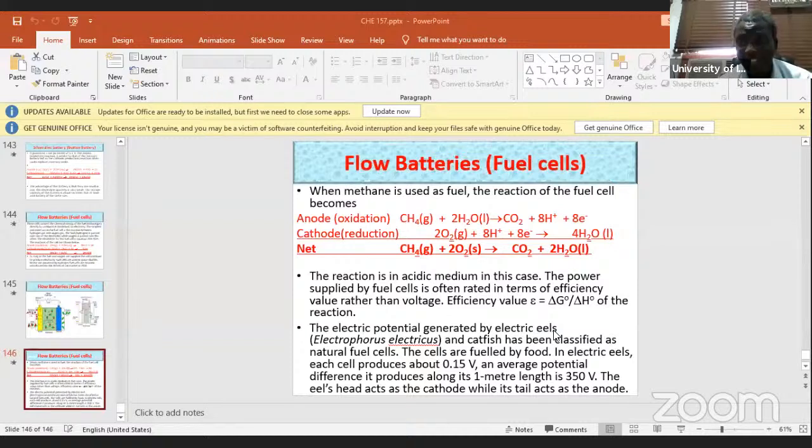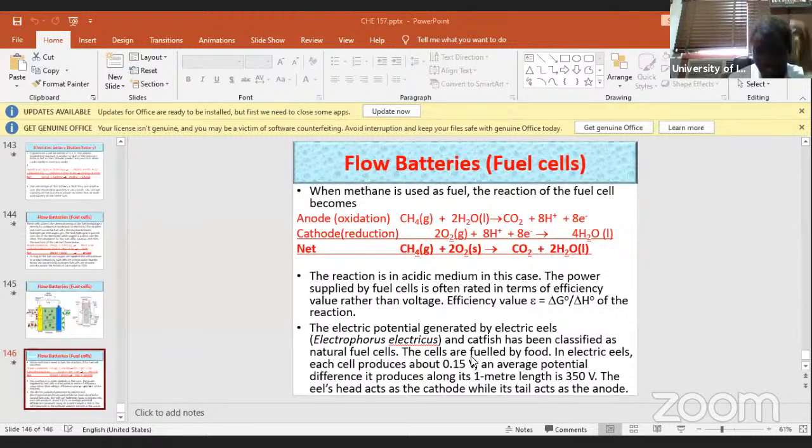Actually this is the last slide, and what I wanted to say before the laptop went off was that you have this type of fuel source in electric eels. The electric eel is a type of fish, and you also have it in catfish.